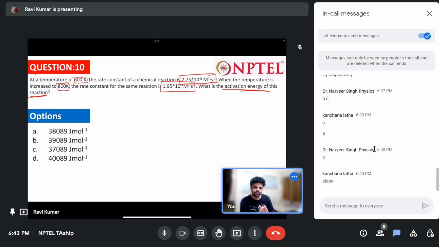Two different temperatures, two different rate constants. Just need to calculate activation energy.